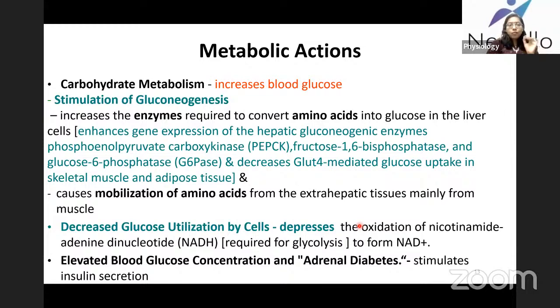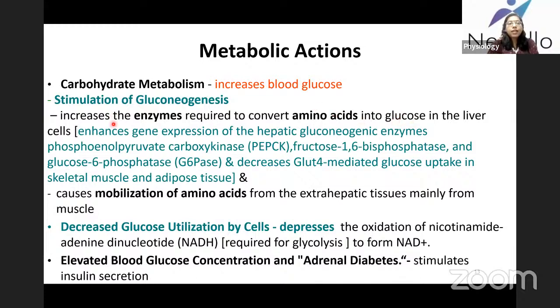So basically, steroids cause an increase in the blood glucose level. It stimulates gluconeogenesis. Now what is gluconeogenesis? Gluconeogenesis is production of glucose from alternate products like amino acids and fats. So obviously it will increase the activity of all the enzymes required to convert amino acids into glucose in the liver.